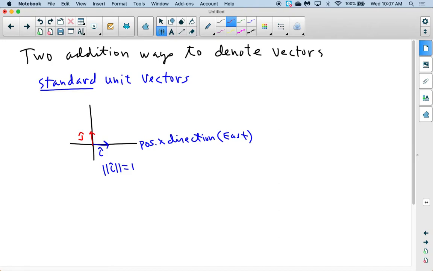So i and j. If we were working with vectors in space and needed the standard unit vector in and out of the board, that is denoted by a k. Anyway, we're just working with i's and j's.